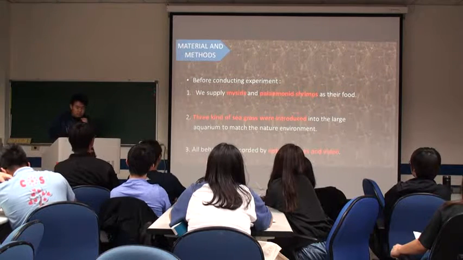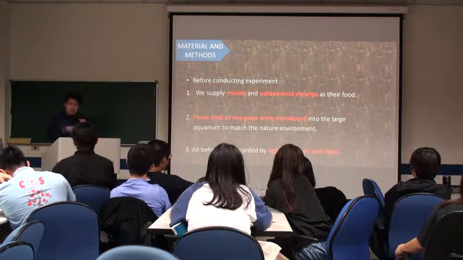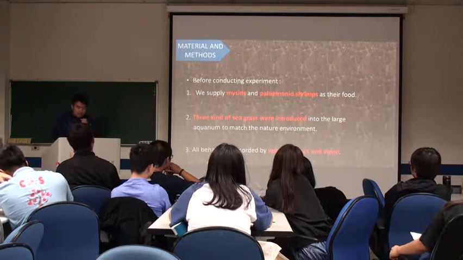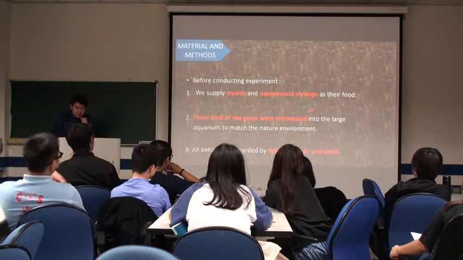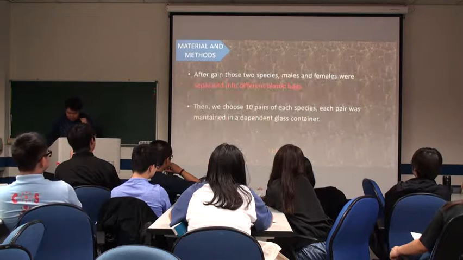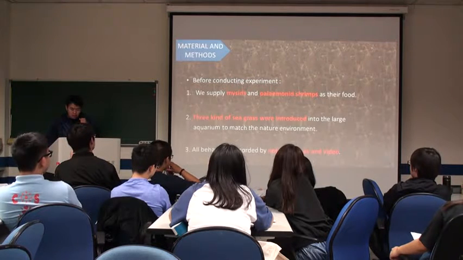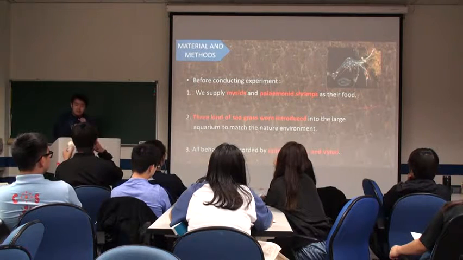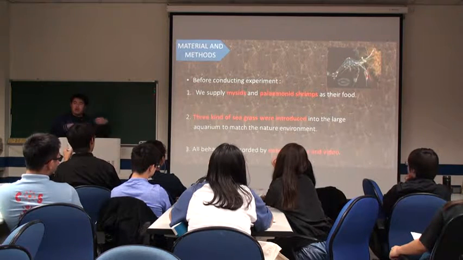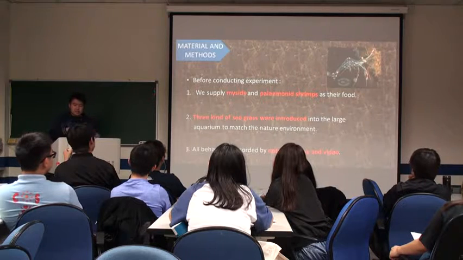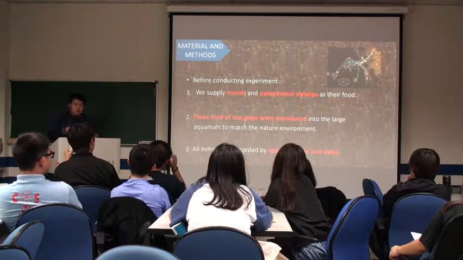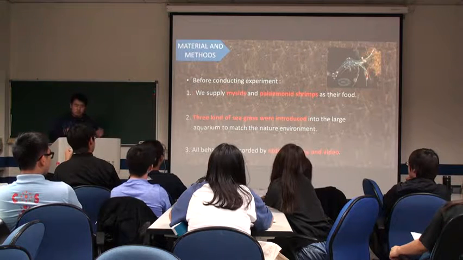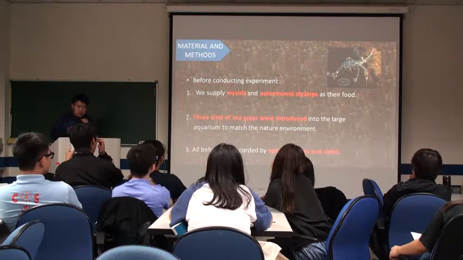Before conducting experiments, there are some things we have to do first. We supply mysid and palaemonid shrimps as their food. This is the palaemonid shrimp, a shrimp with long arms. And mysid is cooked shrimp, dried to get rid of the water and crushed into powder.